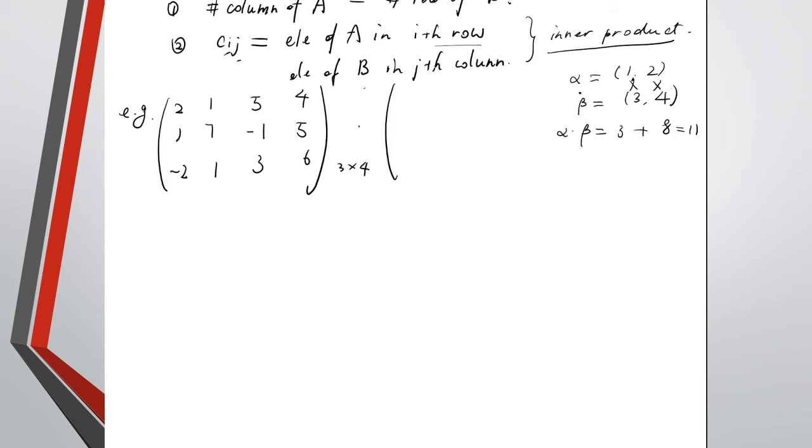We have to make sure that it has 4 rows, and it can have maybe 1 column, 2 columns, 3 columns, or 100 columns. It doesn't matter. But we have to make sure that the A matrix's column number and the B matrix's row number are equal. So this time I will do this one as this.